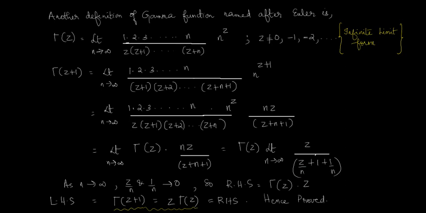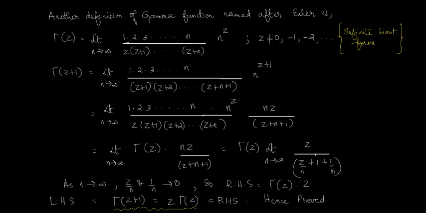Now when you apply the limit n tends to infinity, z by infinity becomes 0, 1 by infinity also becomes 0, and then you end up with a 1. So the limit n tends to infinity, z divided by these terms, you end up with just a z. So as n tends to infinity, your RHS becomes z gamma z.